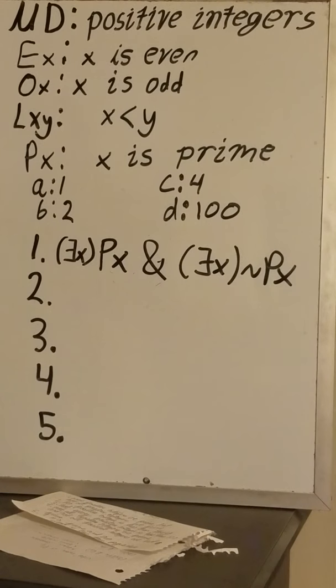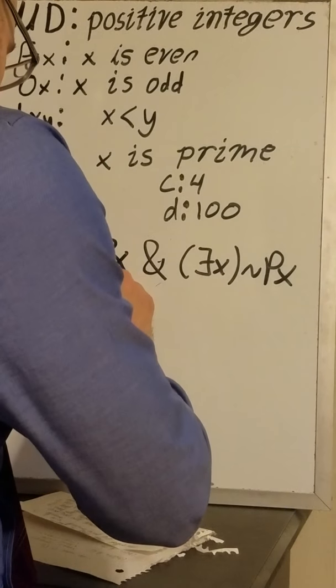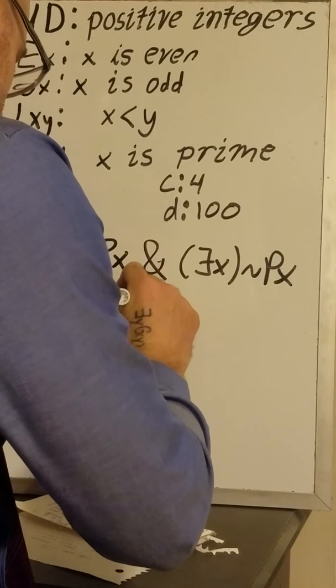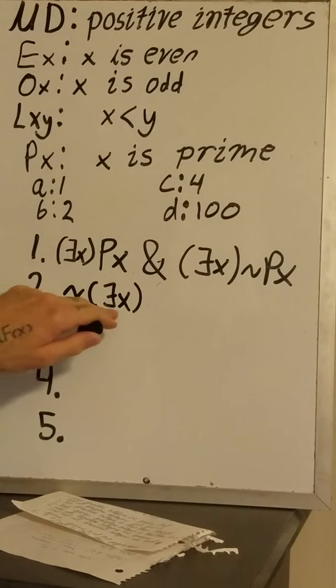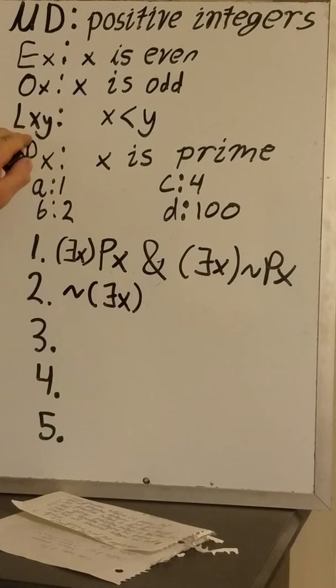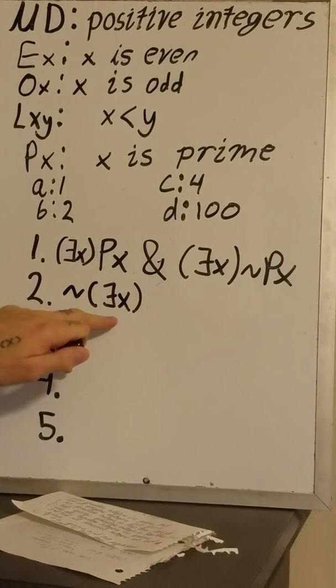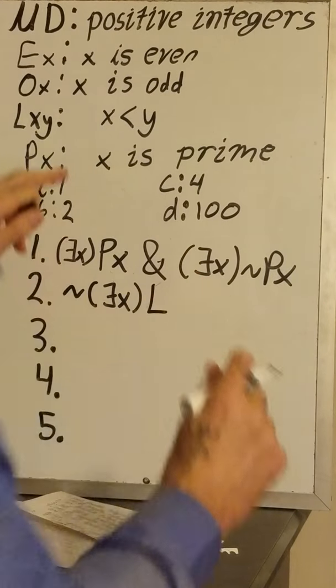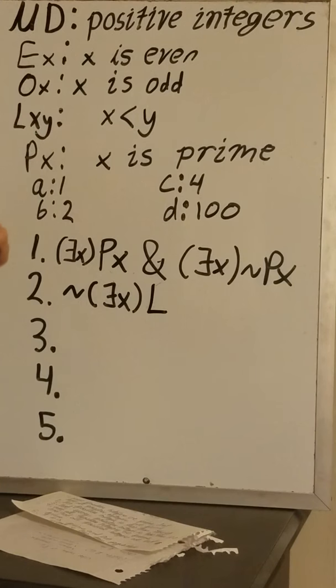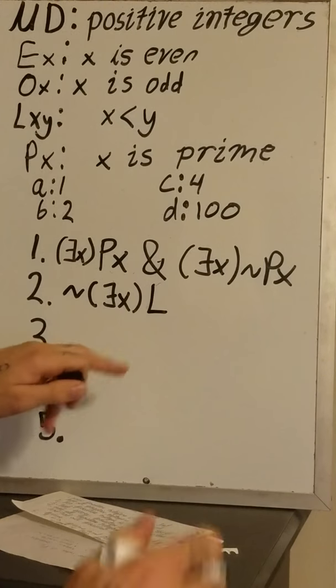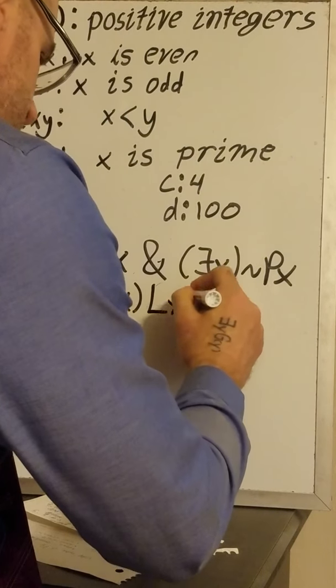So what about 2? No positive integer is less than itself. Okay, so there's a couple ways we can say no. One is like this: there's not some, there's not something that's less than itself. So LXY means X is less than Y. So less than itself would be LXX.